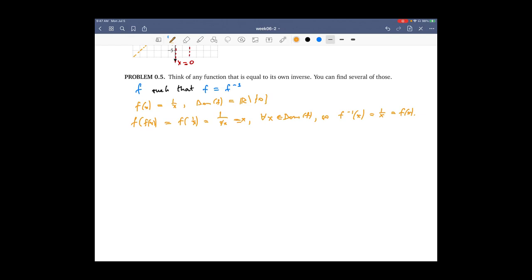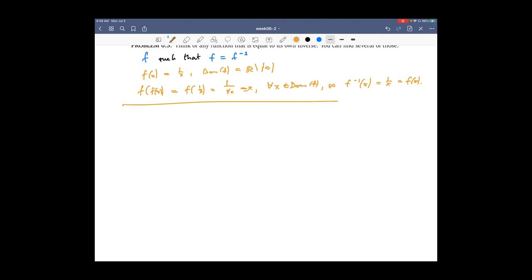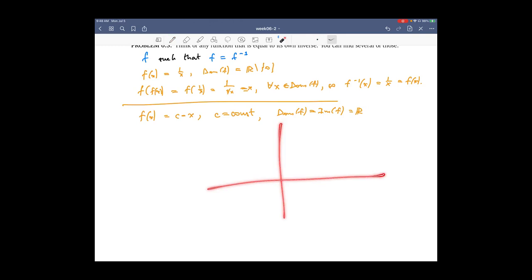One over x is one such function. Another class of functions that satisfy this property is functions constant minus x. They're linear. Constant minus x, where c is constant. Domain is, of course, the entire real line. The image is the entire real line. These are functions whose graphs are straight lines with slope -1.